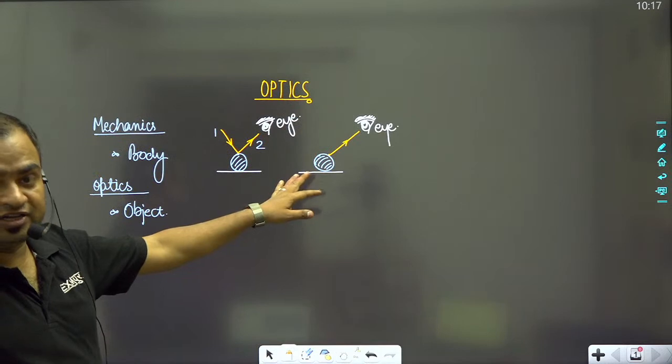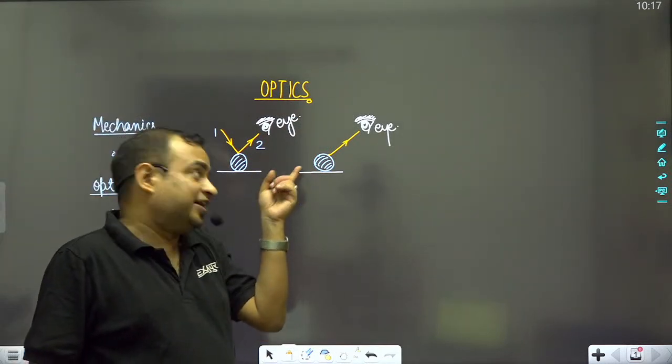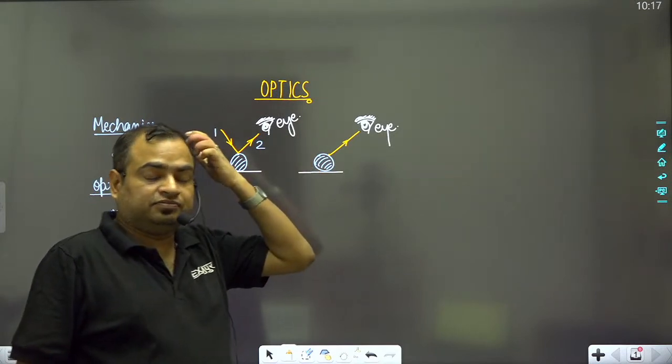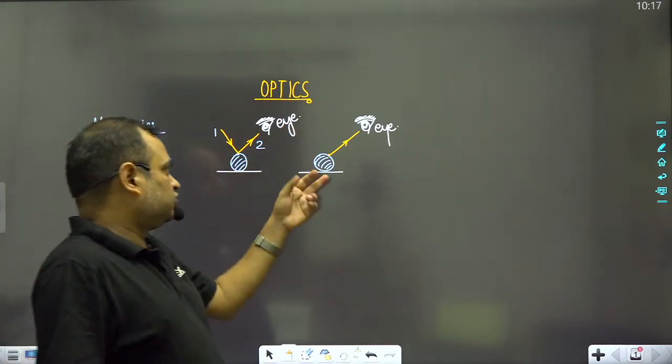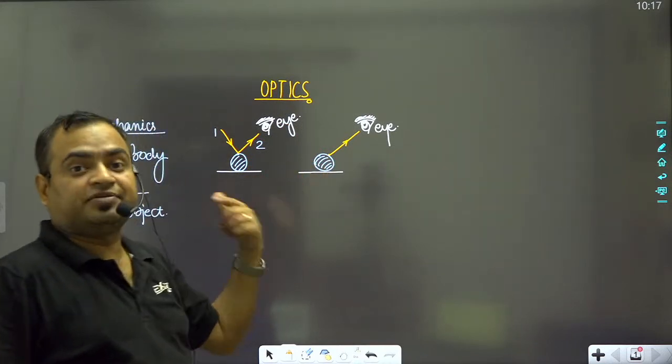This happens if no light ray is falling on this surface but the object can still be seen.